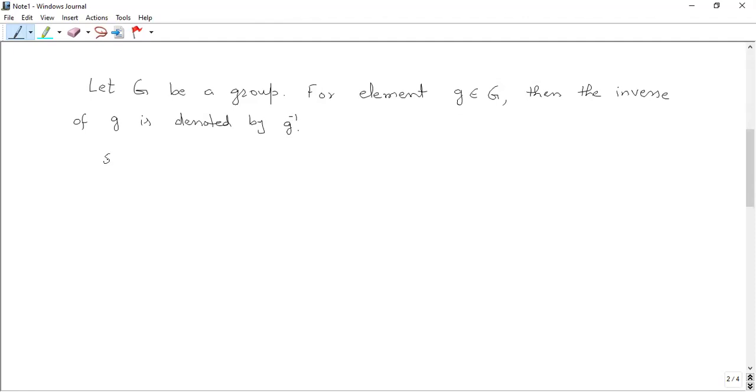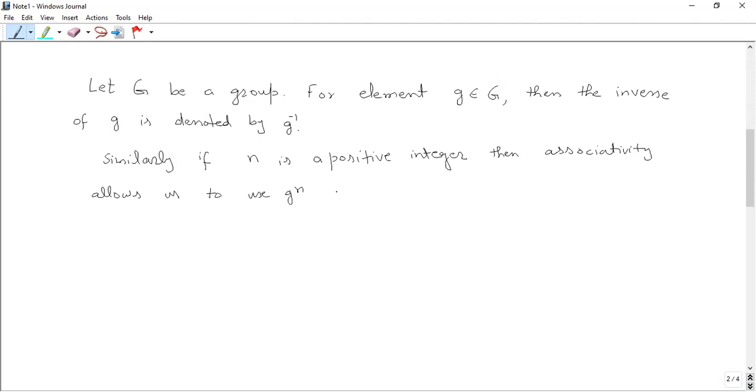And similarly, if n is a positive integer, then associativity allows us to use g^n to denote g star g star, up to so on, star g, n times.